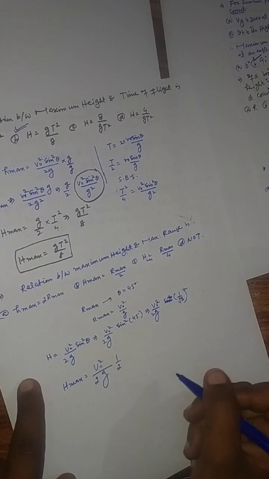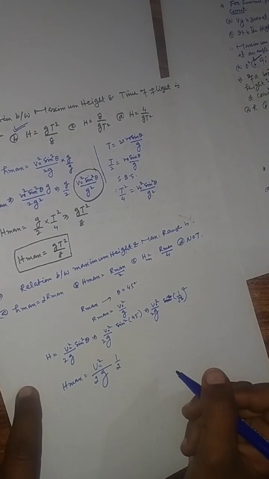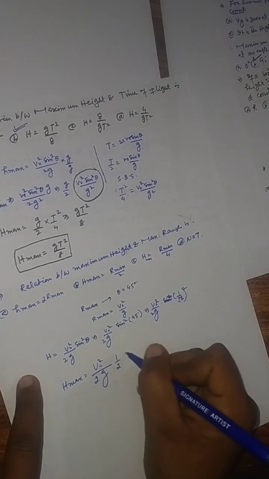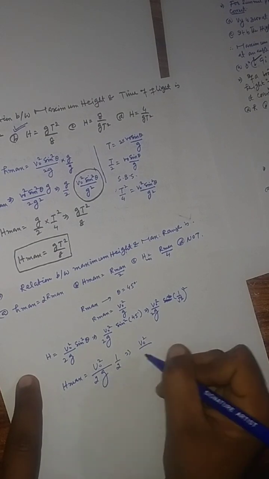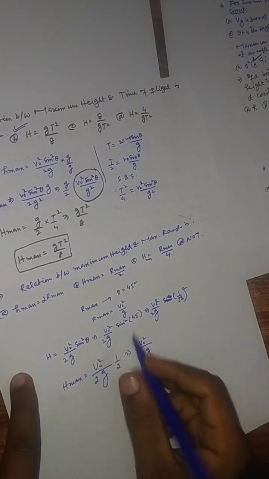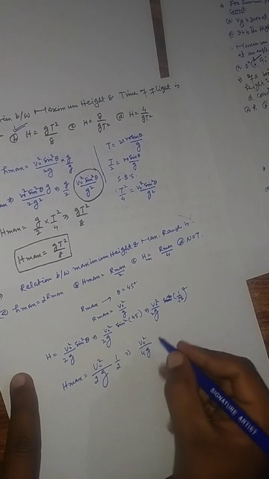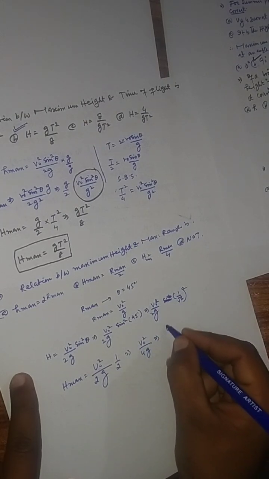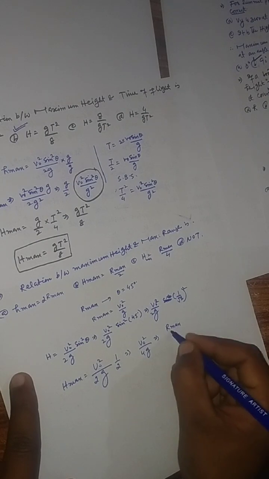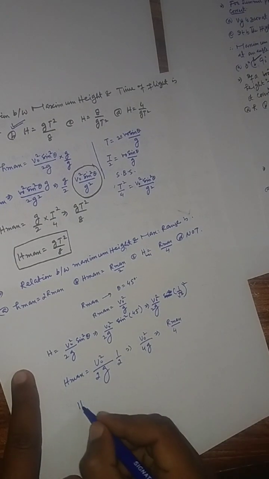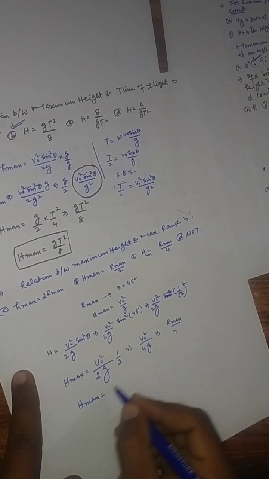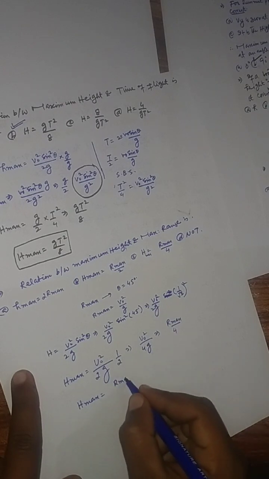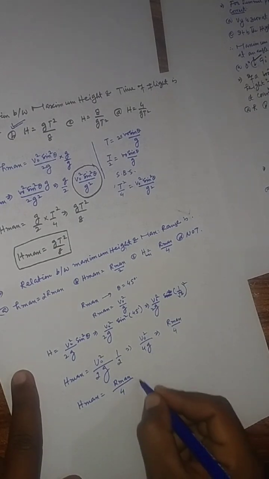Because the maximum height is equal to v naught squared sine squared theta over 2g, this will be v naught squared over 4g, and the maximum range is equal to v naught squared over g. So in place of v naught squared over g, we place R maximum over 4. So the maximum height is equal to R maximum over 4.